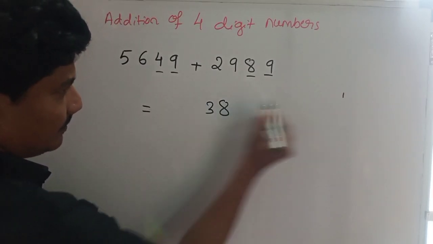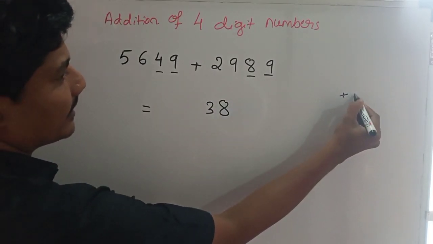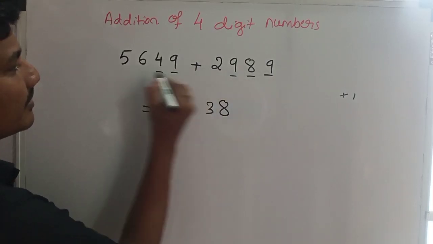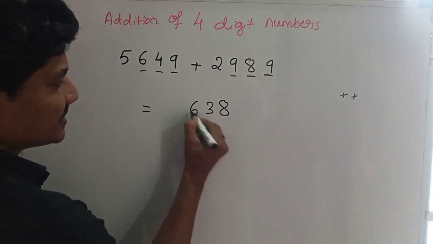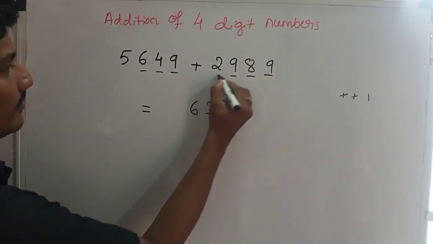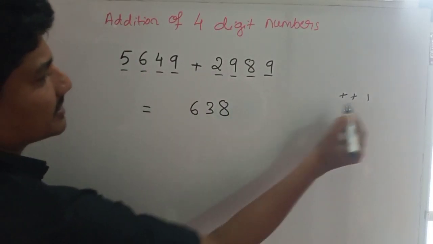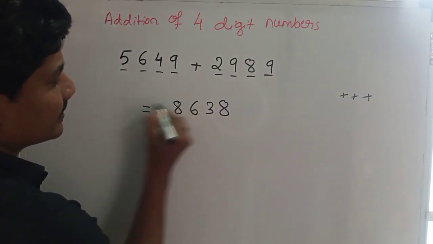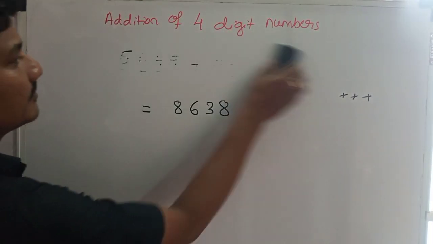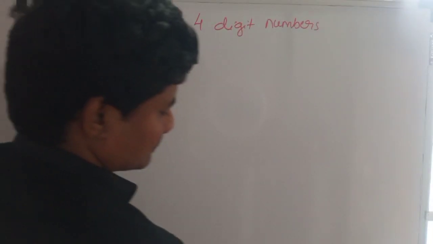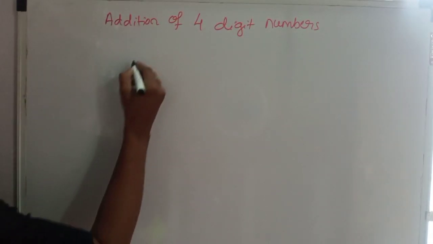Carry 1 again. 9 plus 6 15 plus 1 16, carry 1 again. 2 plus 5 7 plus 1 8. 8638 is the answer. Let's proceed with the next step.